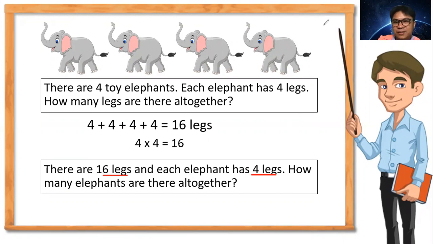To get the number of elephants, because that's the question here, you divide the 16 legs by 4, since each elephant has 4 legs. So 16 legs divided by 4 legs. So this is the answer. There are 4 elephants. Okay, so that's the relationship between division and multiplication.